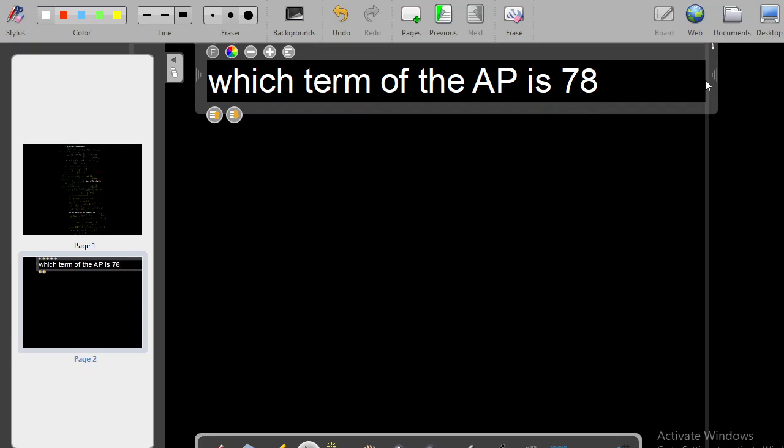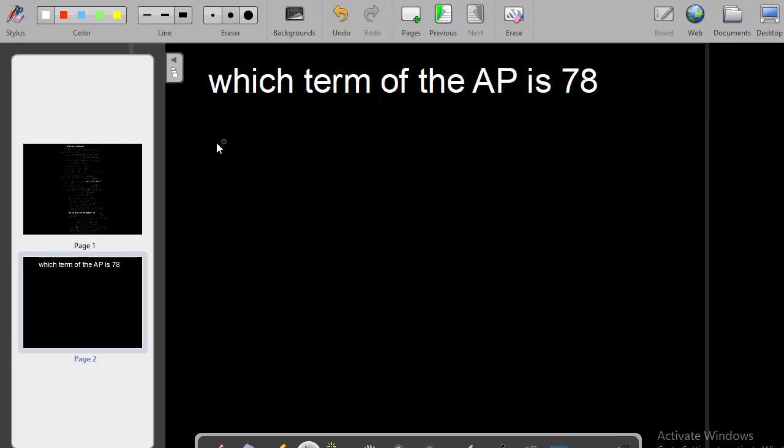Let me write down the given AP. The AP is 3, 8, 13, 18, and so on. Now we have to find out which term of this AP is 78.